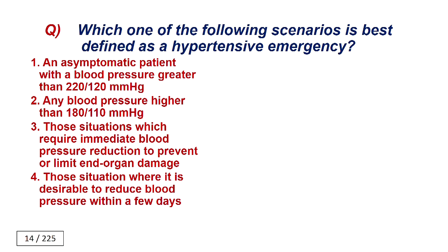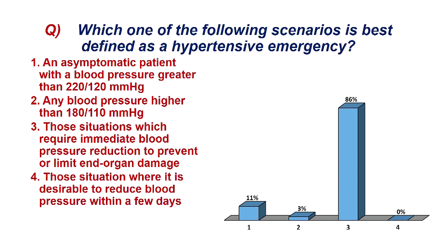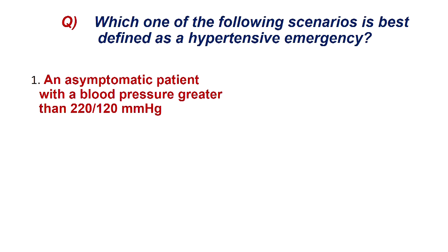So basically what Dr. Mufti is asking you here is to differentiate a hypertensive urgency from a hypertensive emergency. All right, let's see what we have. So, from the limited responses we had because of the glitch, it seems as though you chose 3.